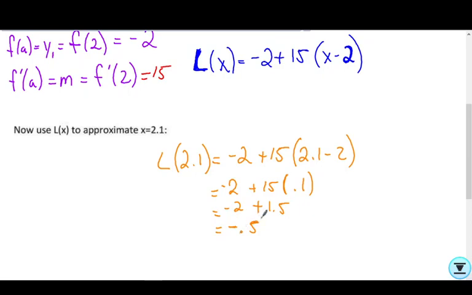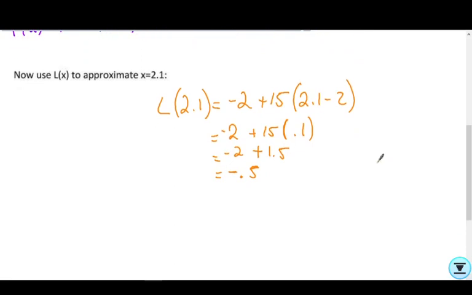So that means f at 2.1 is approximately negative 0.5, because L at 2.1 is equal to negative 0.5, which is what we use to approximate f at 2.1.